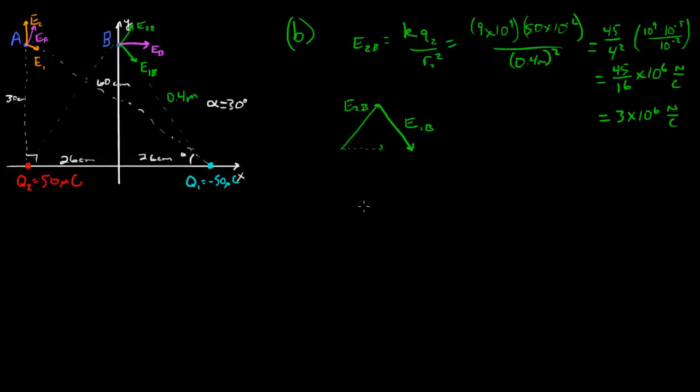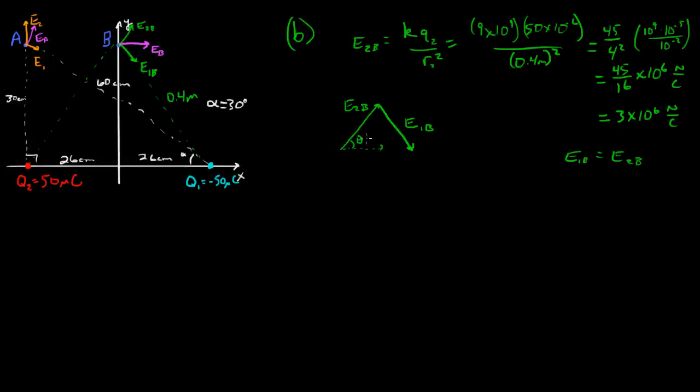So really, if we can find this, which is the x component of E2b, let's call this theta, like they did in the book. If we can find out what this is, we just double it and we get the length of EB. Because you get one of them from E2b, you get another of the same length from E1b.